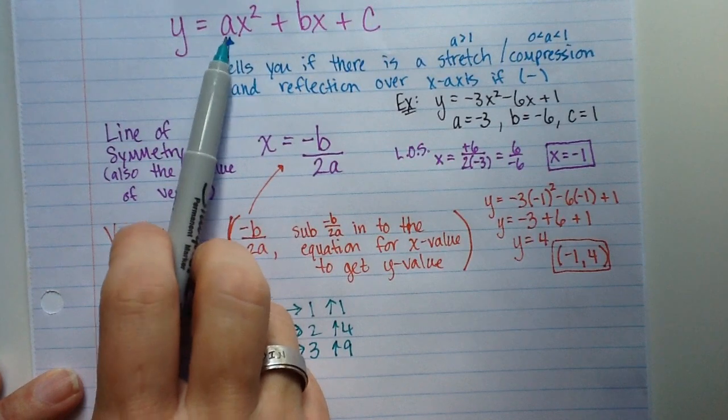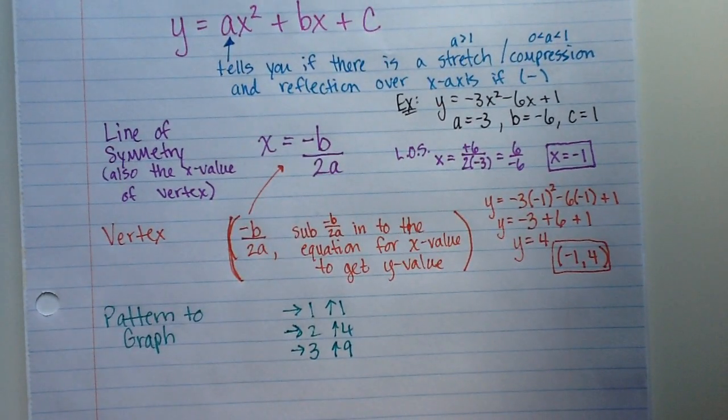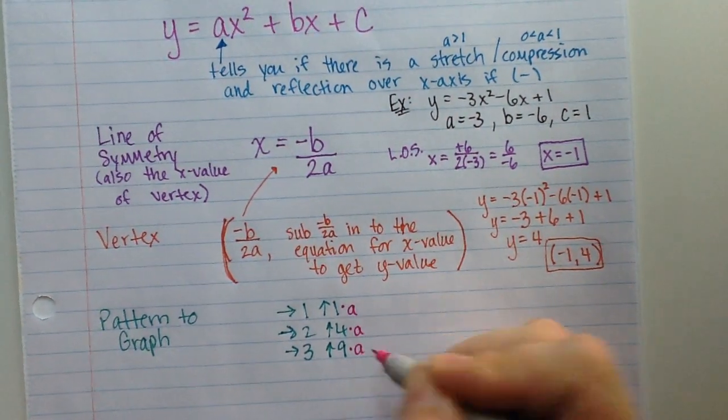Now remember that number out in front, that A? We have to multiply our ups times whatever number is out in front. So I'm just going to put times A, times A, times A.